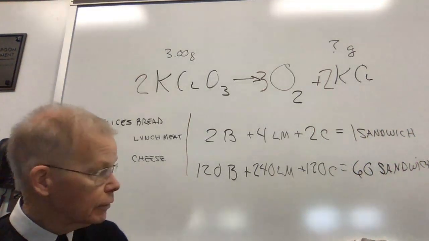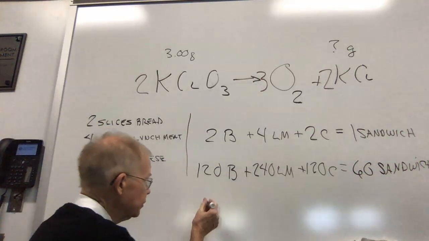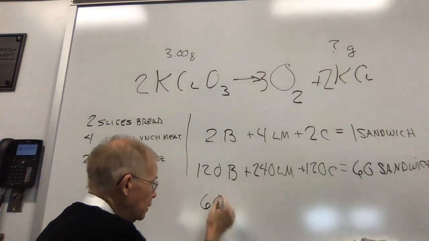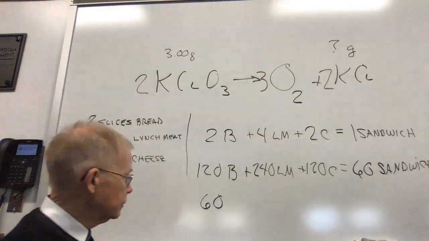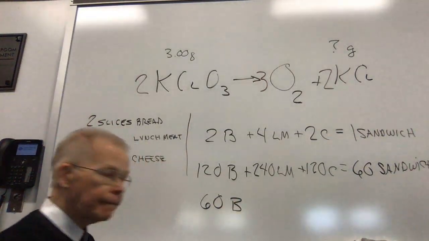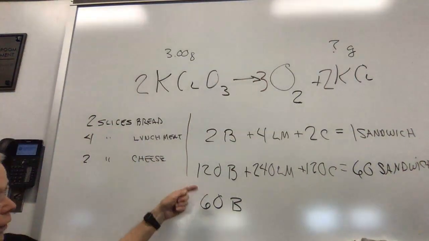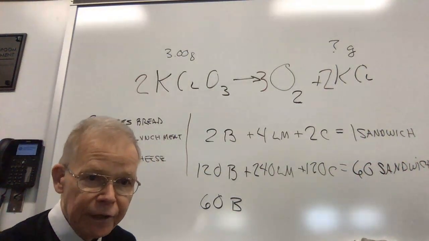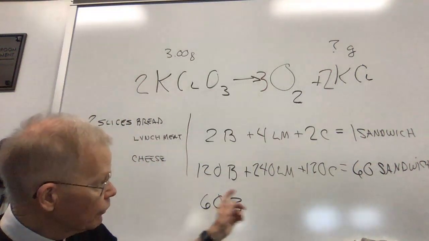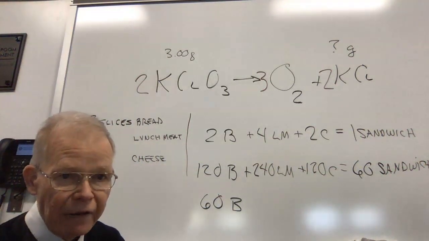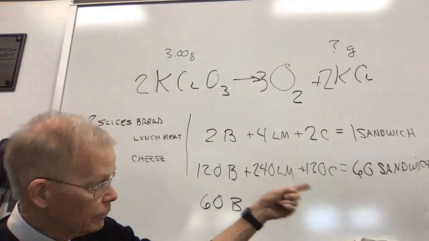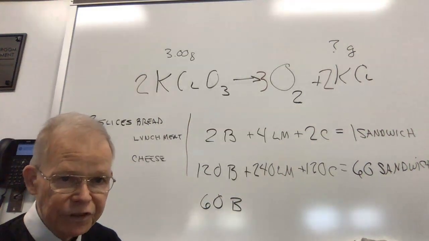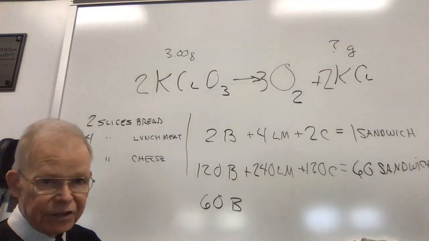Now, suppose I only had 60 pieces of bread and I still wanted to make sandwiches. Comparing the 120 and the 60, I have half of the amount of bread that I need, which means that everything else will be half the amount. And when I'm done, I will have half of the 60, or 30 sandwiches.